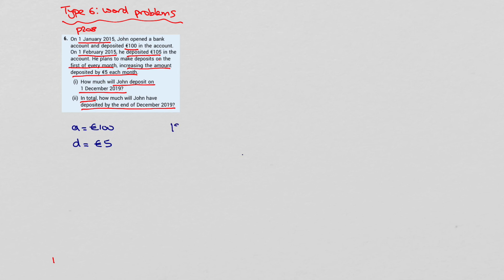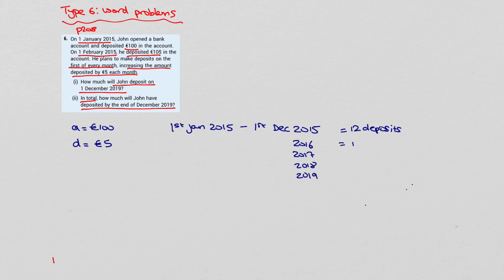So if we think about the 1st of January 2015 to the 1st of December 2015, well, that would be 12 deposits. And then we'd have 2016, 2017, 2018, 2019. So we would have, again, 12 deposits, 12 deposits, 12 deposits, and 12 deposits.